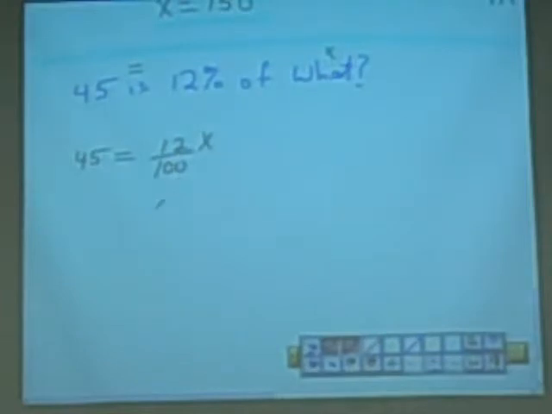So we change 12 over 100 to 0.12x. And then we want to isolate that x. So we have 0.12 times x, so we have to divide both sides by 0.12. And we get x equals to, and so now that'll be 45 divided by 0.12, and we get 375.